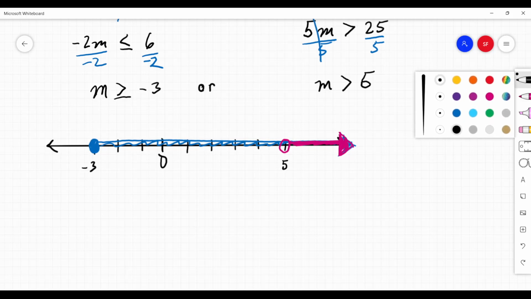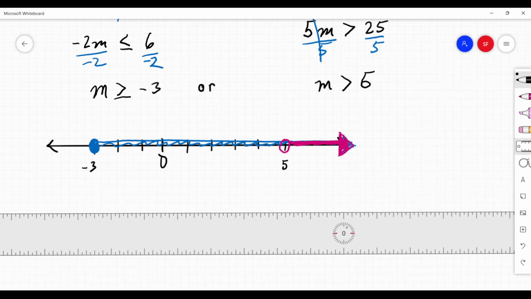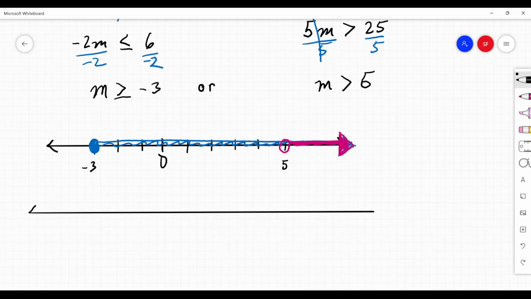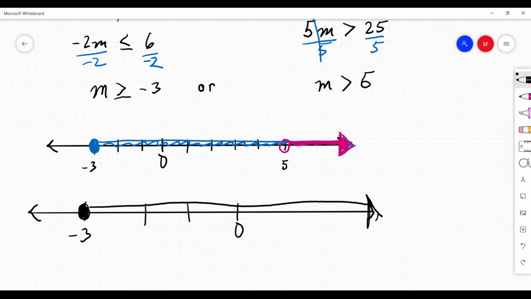The solution then, what I was saying, is a filled in circle here and shaded everything to the right of it, because it says or. The second graph, the black one, is the answer.